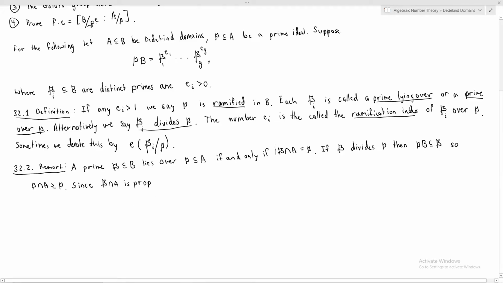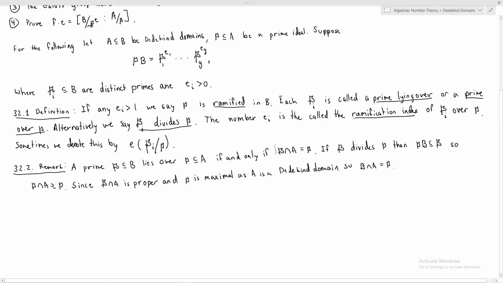All I need is that this is proper and P is maximal as A is a Dedekind domain. So we have equality in this case.